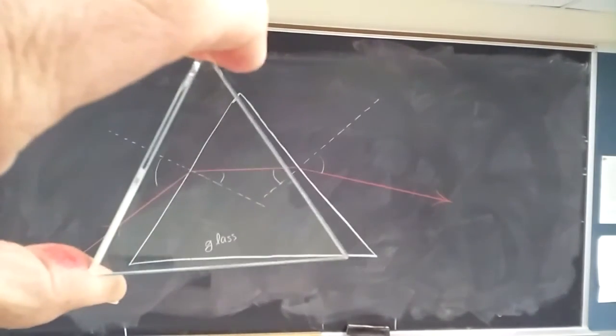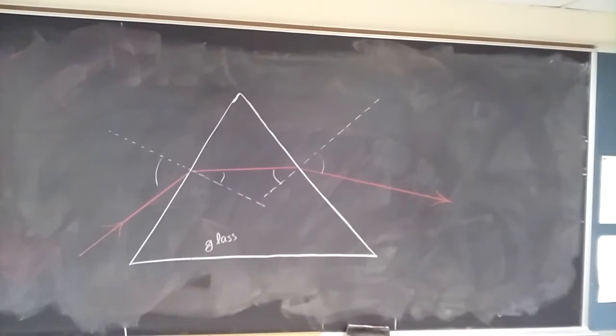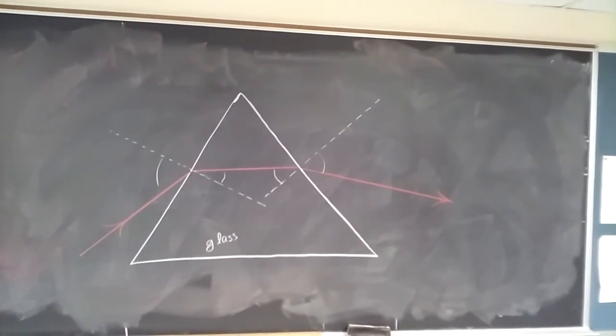So something like this. What I've got on the board right now is a diagram of what's going to happen to a ray of light, some of what's going to happen anyway, as it enters a glass prism. So if you look there on the left, that would be where the ray of light originates, from a laser source. And so it strikes the left side of this glass prism, travels through the glass, it gets refracted into the glass.